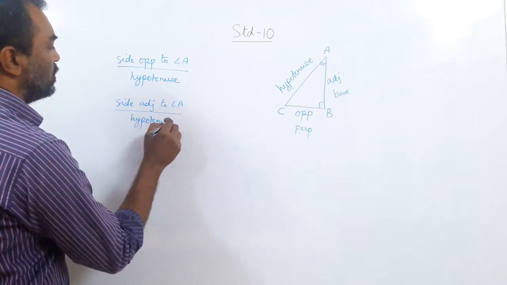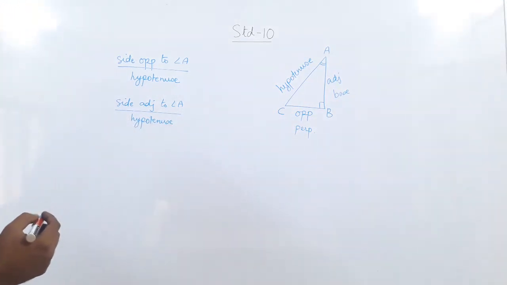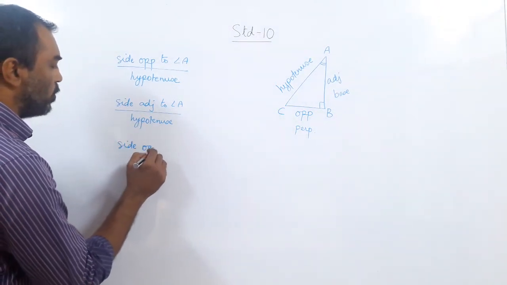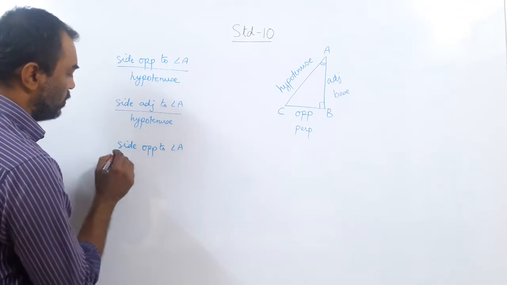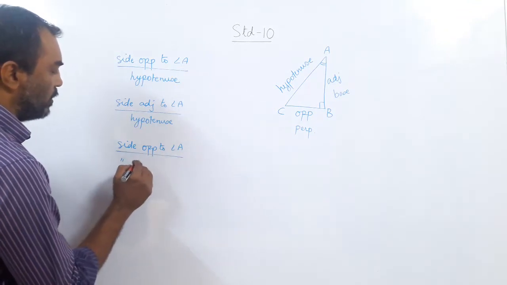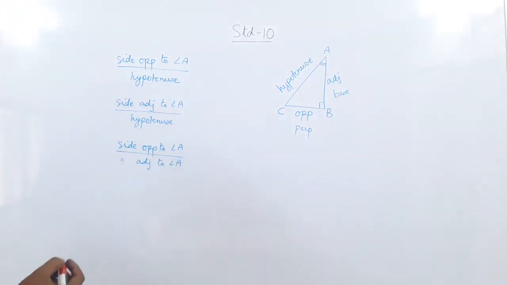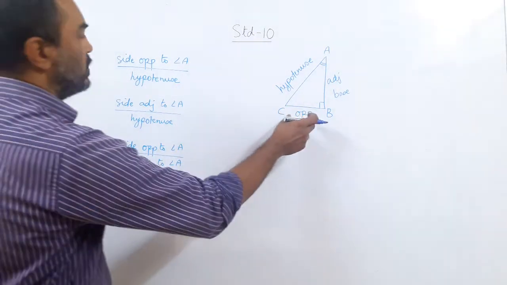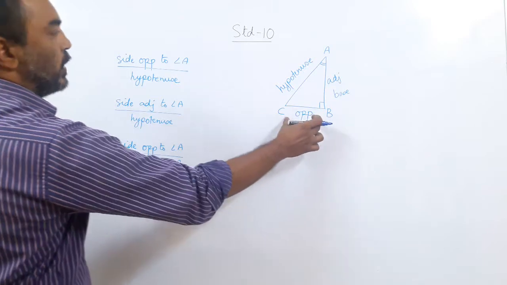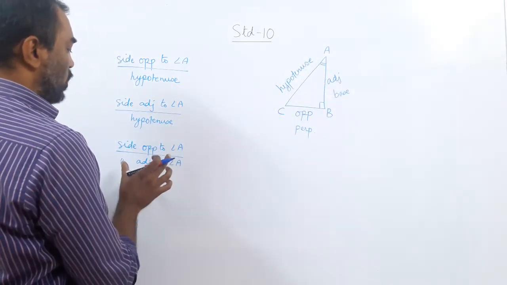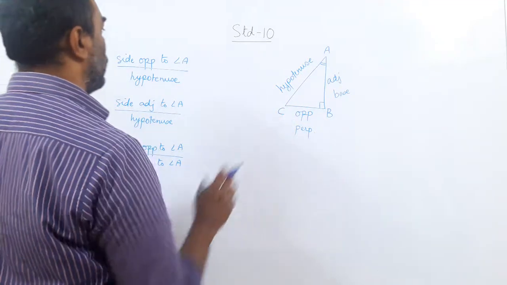So these are nothing but ratios, the ratio of the side opposite to angle A and the ratio of the side adjacent to angle A. So the ratio of the opposite side and the hypotenuse, or the side adjacent to the angle and the hypotenuse.